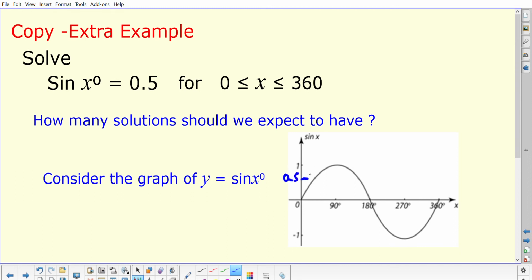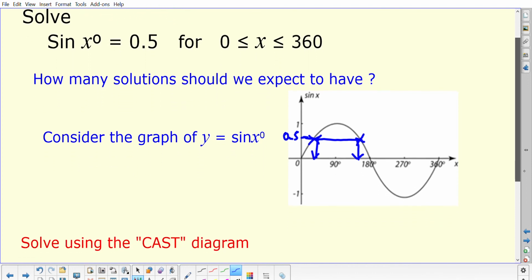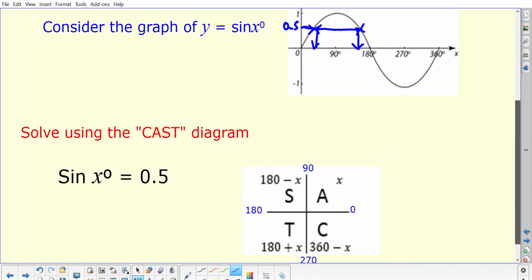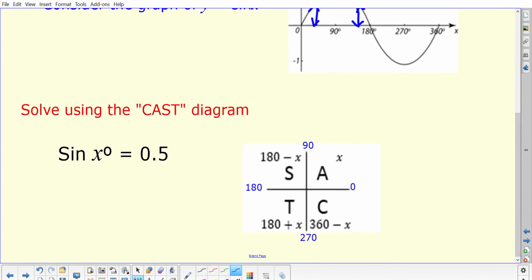If you look along, you can see that there are going to be 2 values where the sine is equal. So there's 2 sizes of angles where the sine is equal to 0.5. Now when you go to your calculator to do something like this, you'll only get 1 of those values. So this is where the CAST diagram and the related angles comes in.